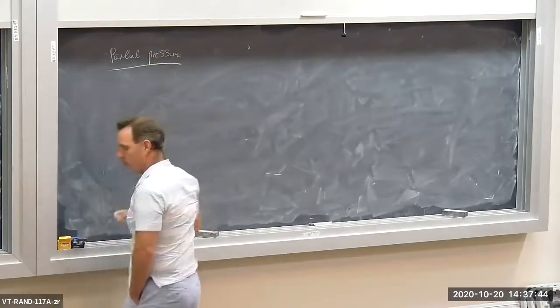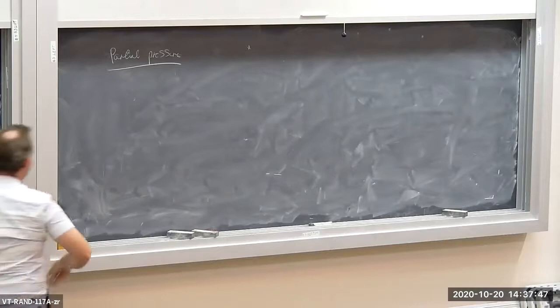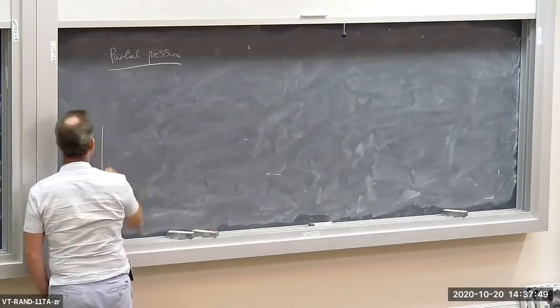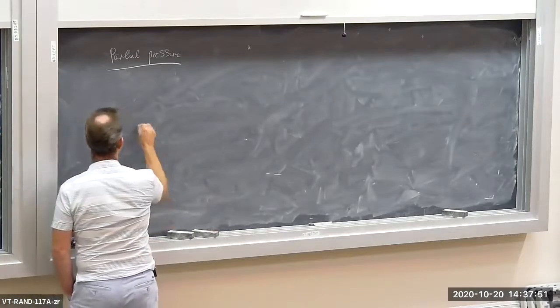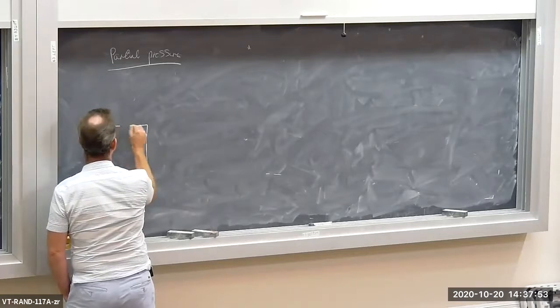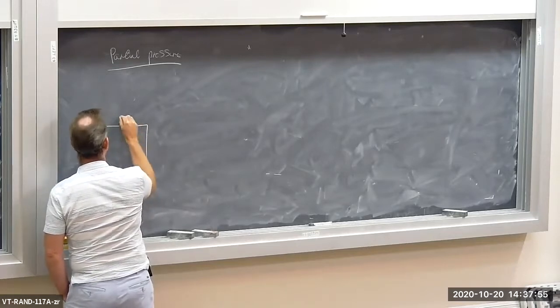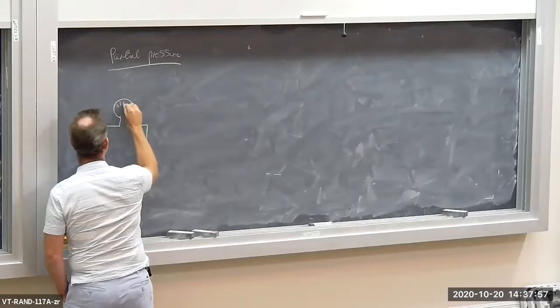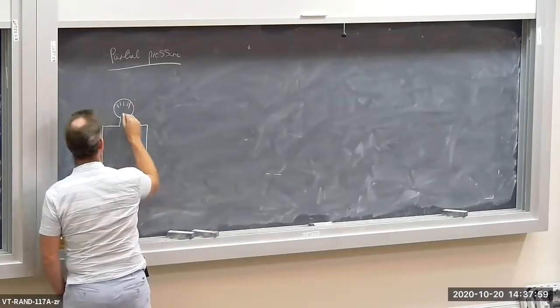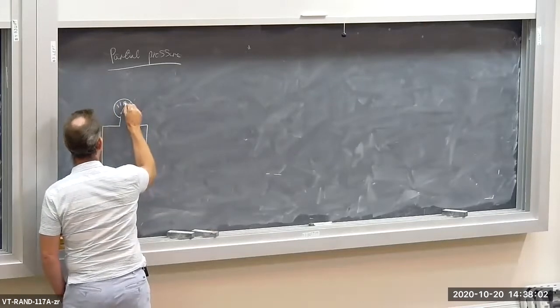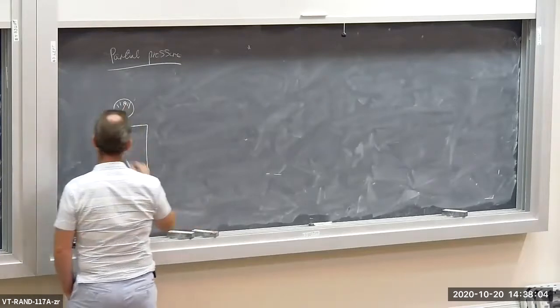So what's partial pressure? Let's say we have a mixture here in a tank, and I have a little pressure gauge at the top. So here's my pressure gauge. And initially I have some bunch of different chemicals in here.